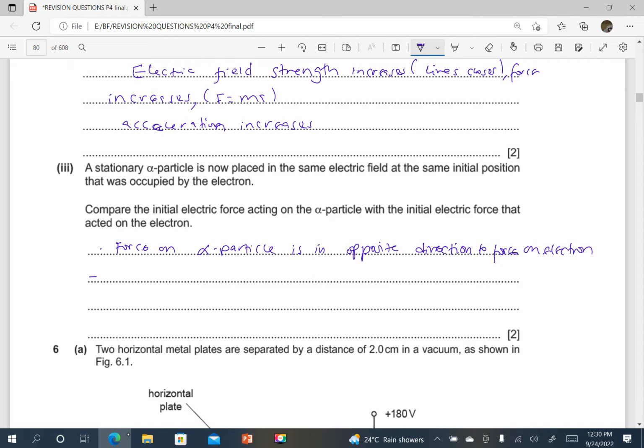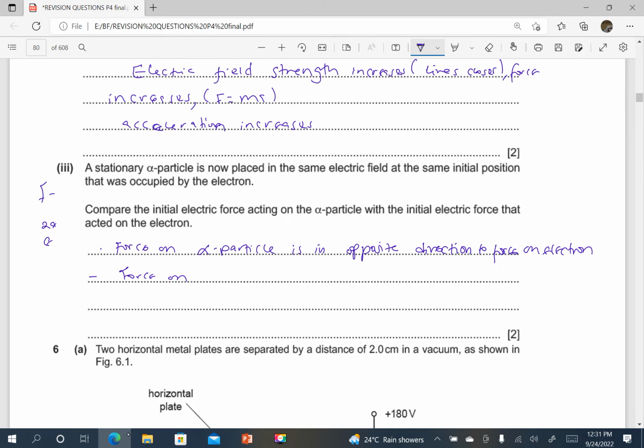Number two, note that the charge on an alpha particle is twice e, yet the charge of an electron is e. So it means the force on an alpha particle is twice in magnitude as compared to the force on the electron.